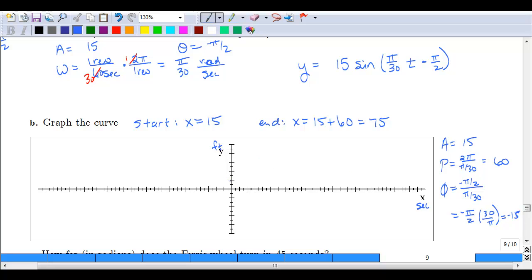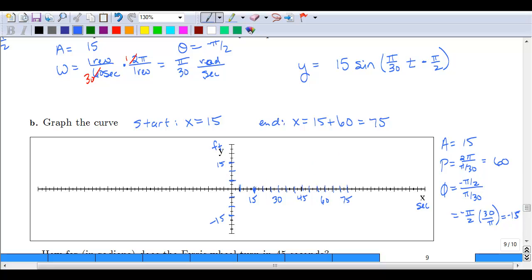We can label our axes. We've got 5, 10, 15, and -5, -10, -15. We'll go by 5s on the axis as well. It just so happens that both things ended up being 15. So we got 15 here, 30, 45, 60, and 75 for our ending point for one cycle.